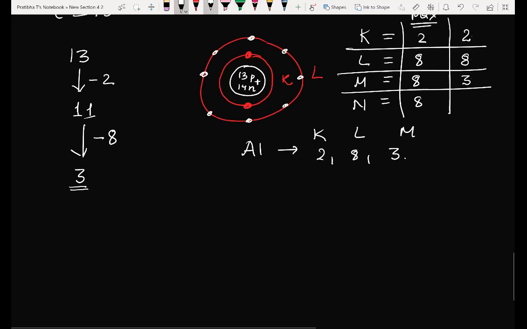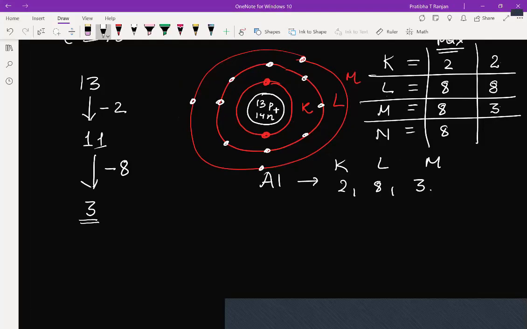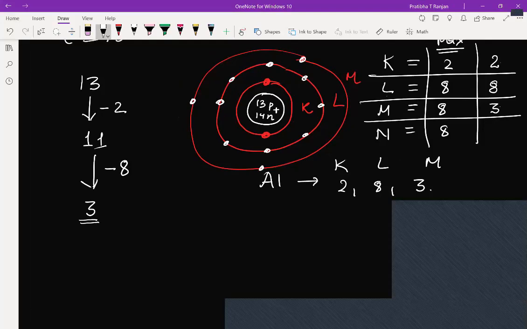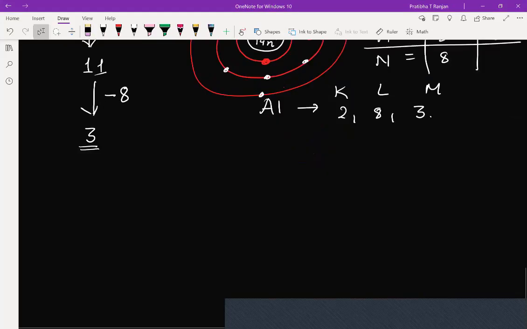And then the M: 1, 2, and 3. You can put them anywhere. There is nothing like that I have to follow. So in this way we are going to draw the configuration of the atomic structure.